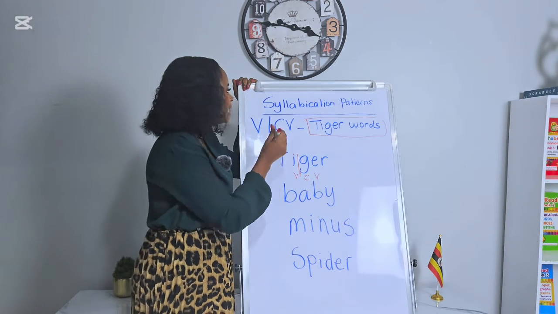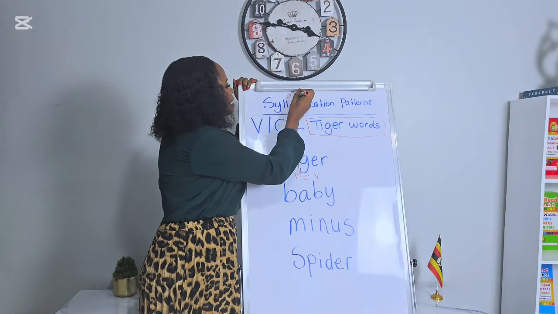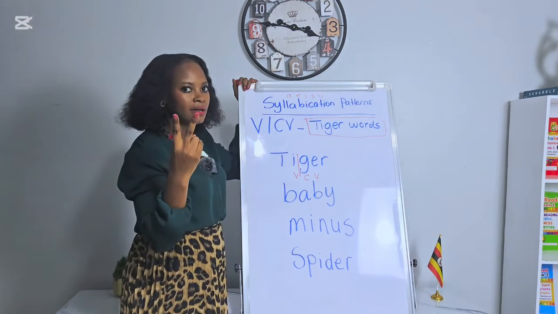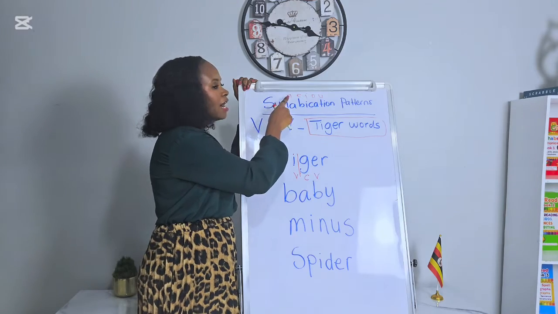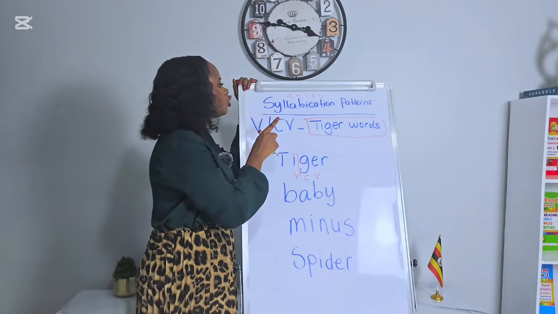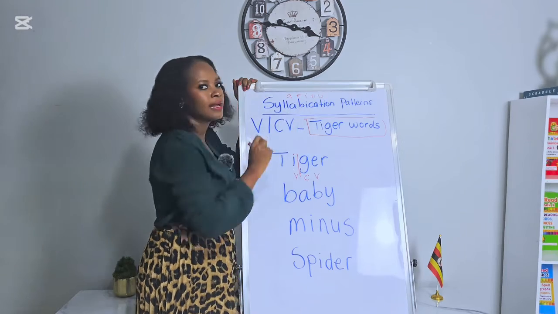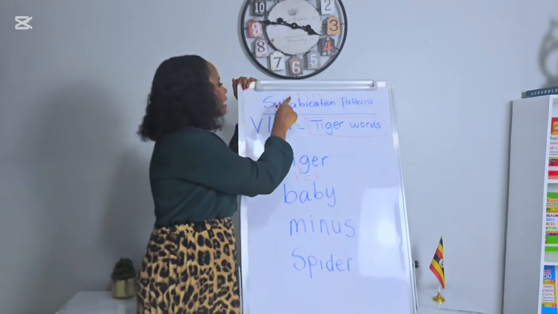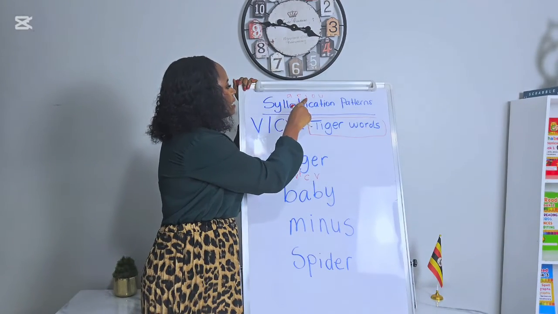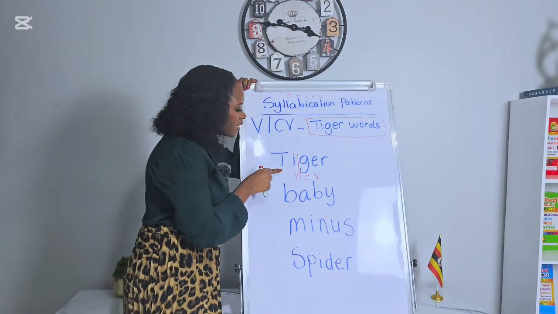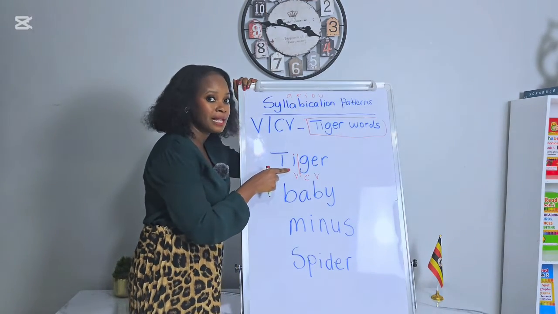Remember, A, E, I, O, U has two sounds. It has the short vowel sound and the long vowel sound. Short is A, E, I, O, U, and long sounds are A, E, I, O, U. Alright? Because we have just created an open syllable.